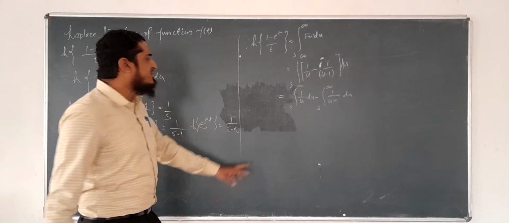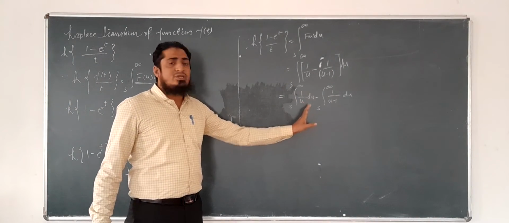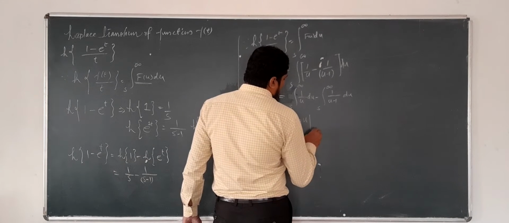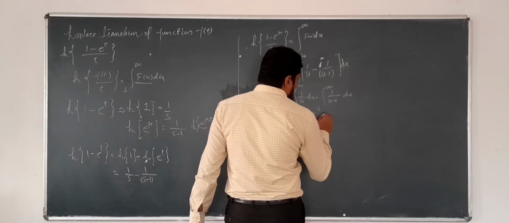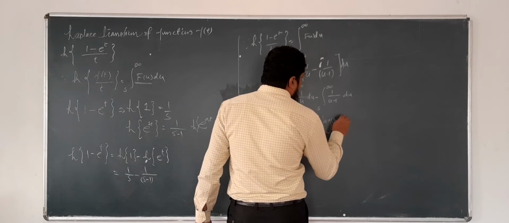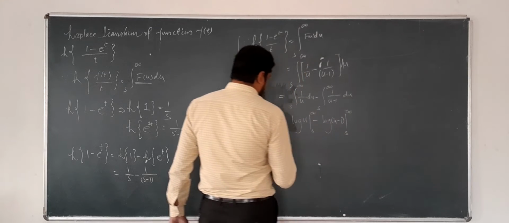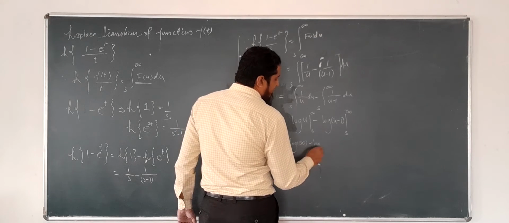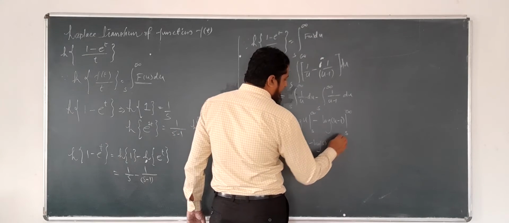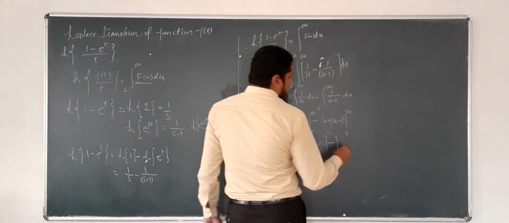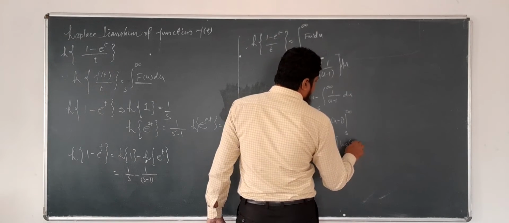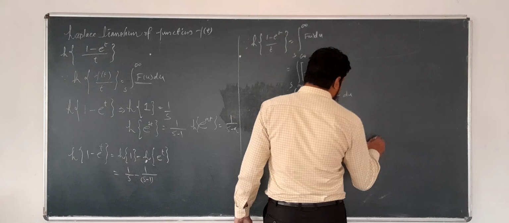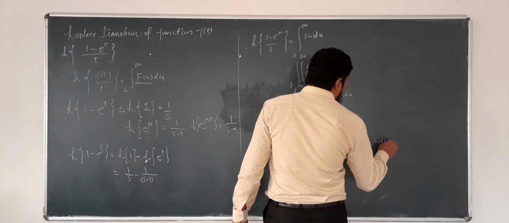And we know that the integration of 1 upon u du gives log u with limits s to infinity, and we get log of u minus 1 integrated from s to infinity. So we will get log of infinity minus log of s, minus, log of infinity minus 1, minus, log of s minus 1.